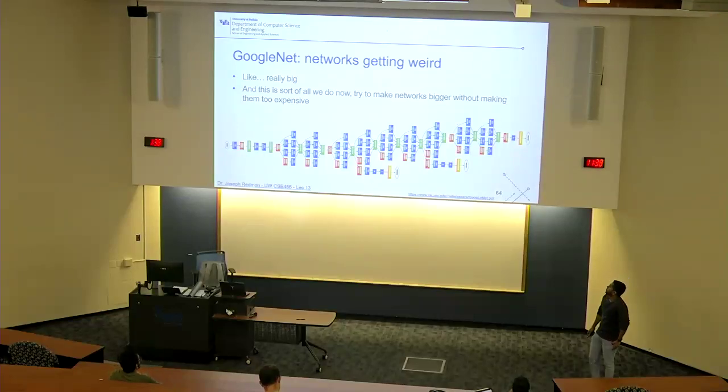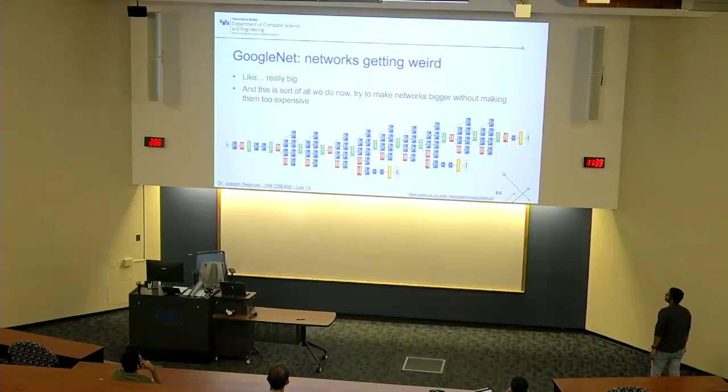Is there anything that anyone notices here that's different from what we've been seeing so far? Try to follow this from the input side. What's going on? It's going through a bunch of inception blocks, and then what's happening over here?